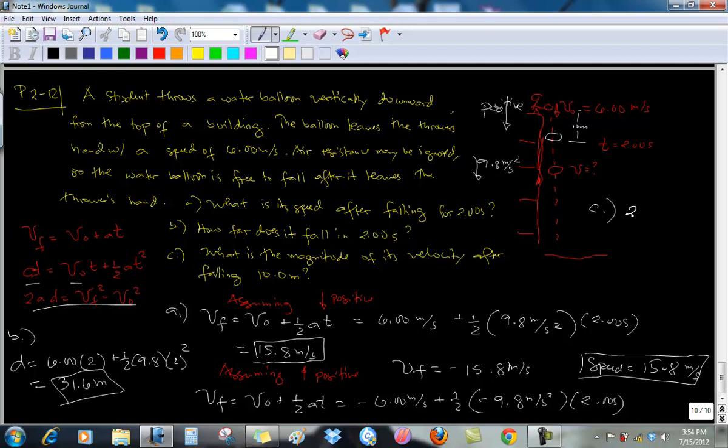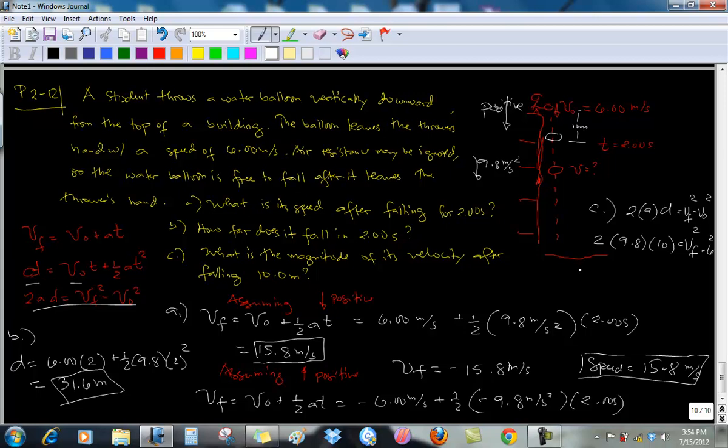2A times D is equal to velocity final squared minus velocity initial squared. So, 2 times A, which is 9.8, times D, which is 10. Velocity final is what you don't know, that's what you're calculating. Velocity initial is 6 squared.